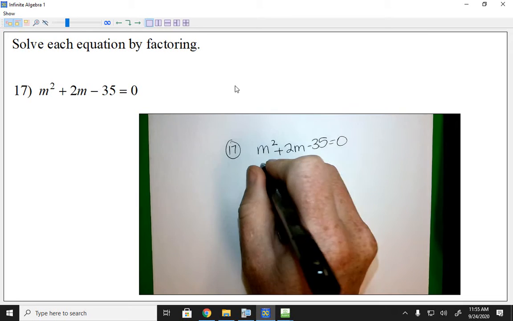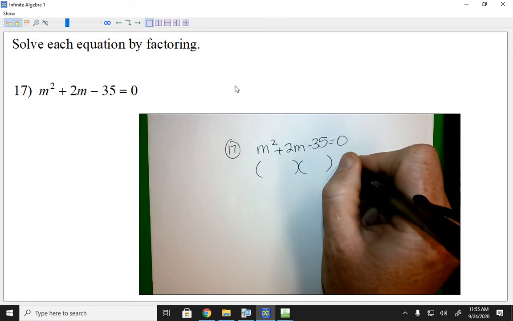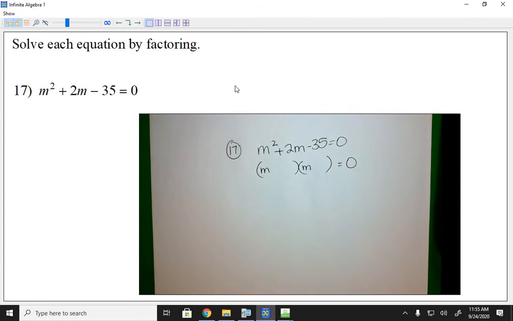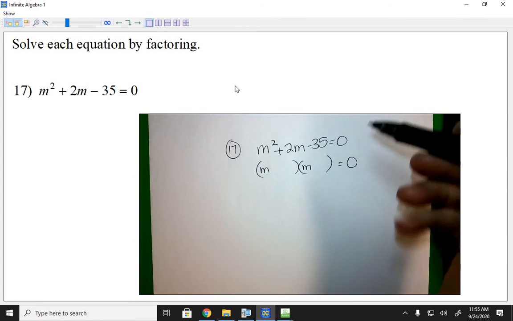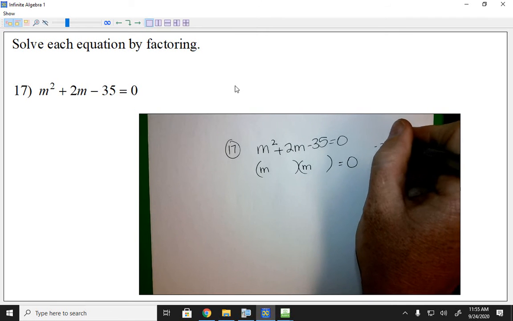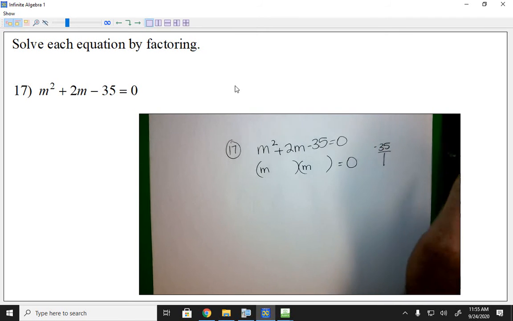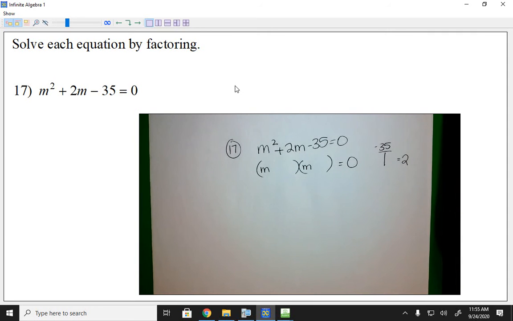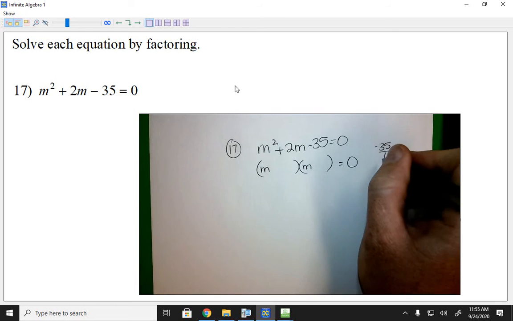So what that means is I just put my parentheses, letters out front. Now remember, when this is just a 1, I have to say what multiplies to negative 35, that when I add it will equal positive 2. So when I think of my times tables, I think of 5 and 7.